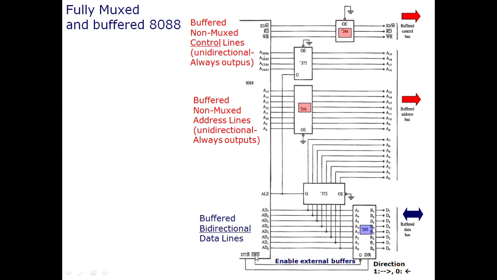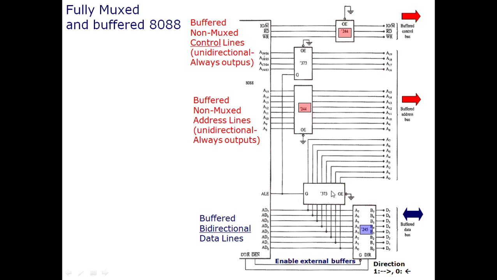Okay, so what this transceiver is doing, the data enable pin is connected with the G input of this transceiver. So this is active low. Whenever a 0 is sent through this pin, this chip is selected. Whenever the microprocessor needs to send data, it will keep address latch enable at 0 at the time when the data is being sent.